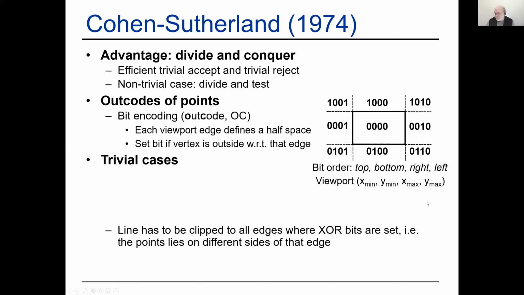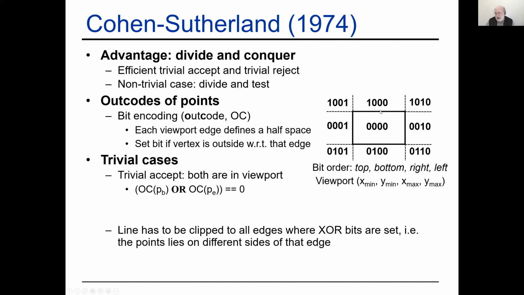The bit order here is: the first bit is whether it's outside with respect to the top edge, the second bit with respect to the bottom edge, then the right and the left edge. So this area here is 0001 because it's only outside with respect to the left edge, while here, on top of that, it's also outside with respect to the top edge.